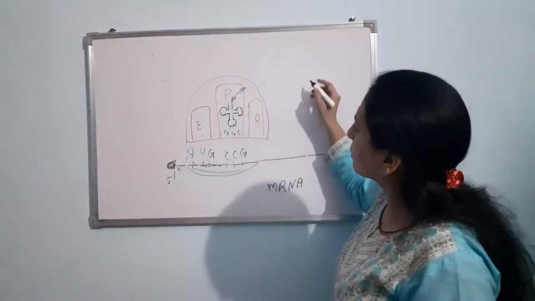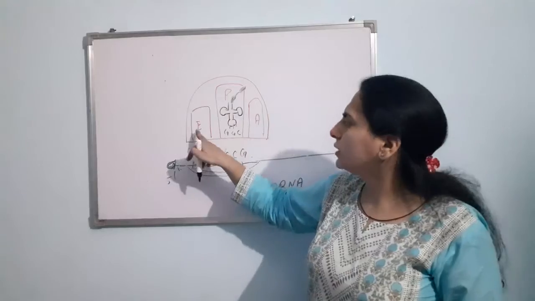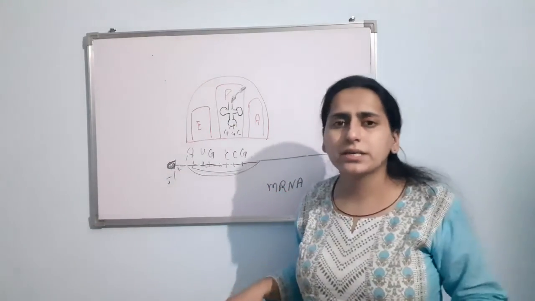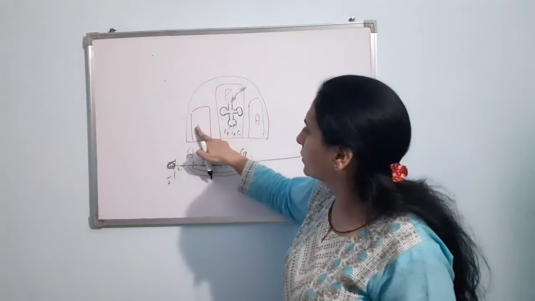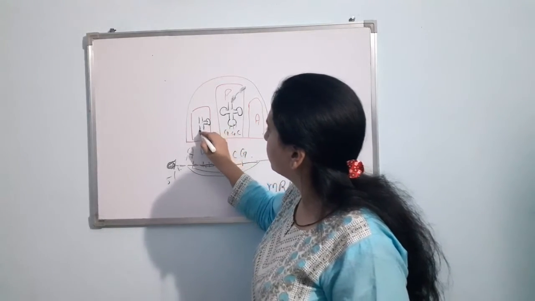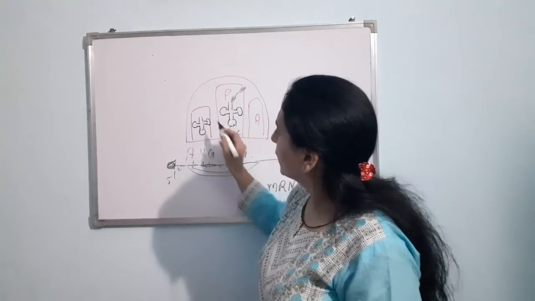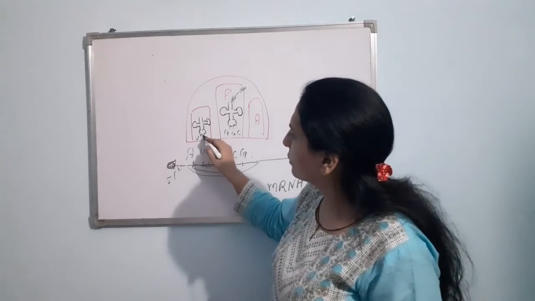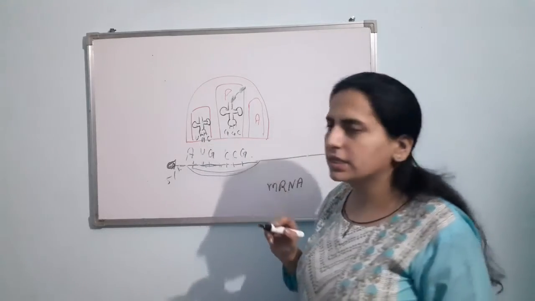Now, what will happen? The charged tRNA, where now no amino acid is there, will come here. For A, it was having U. For U, it was having A, and for G, it was having C.